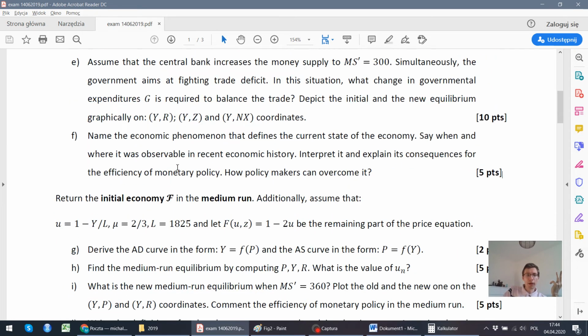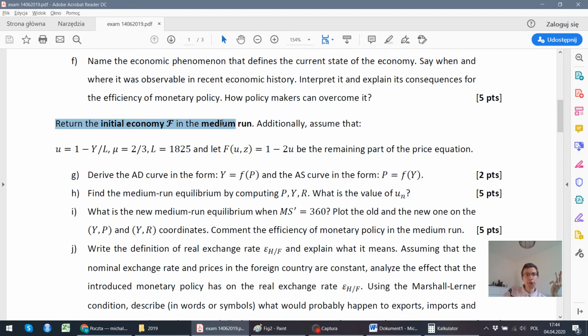Now the medium-term part. Now we are returning to the initial economy, but we are analyzing this economy in the medium run. So we need a bit more information now. We have the equation for the unemployment rate, we have the profit margin of firms, we have the total stock of labor in the economy, and we have this function F of the unemployment rate and other factors that determine the state of the labor market, which we disregard right now.